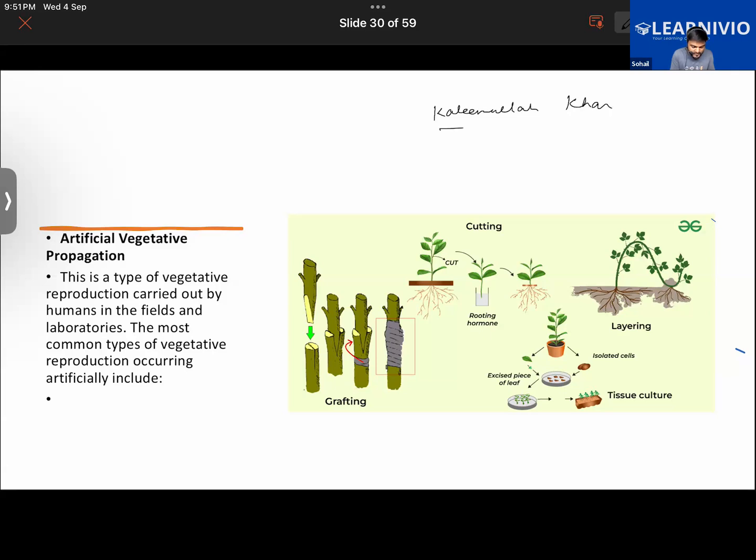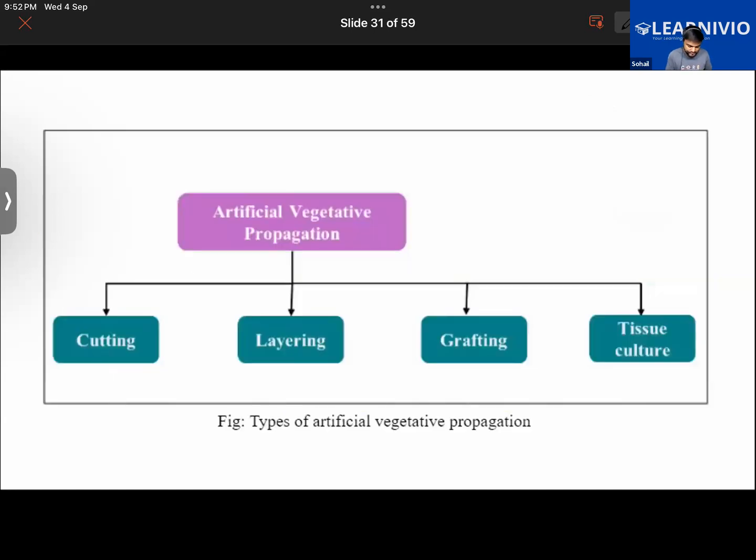Now he is given the title of Mango Man of India. So why is he called the Mango Man of India? Because he has grown more than 300 varieties of mango on a single tree. Getting my point? All this is possible because of artificial vegetative propagation. All these things are possible. Which is what we are going to learn about.